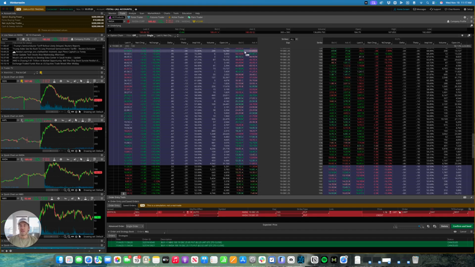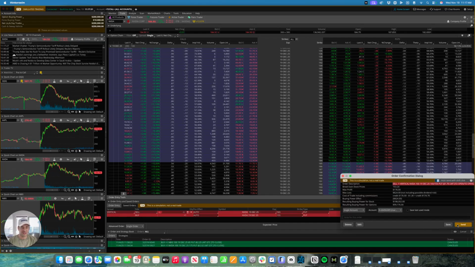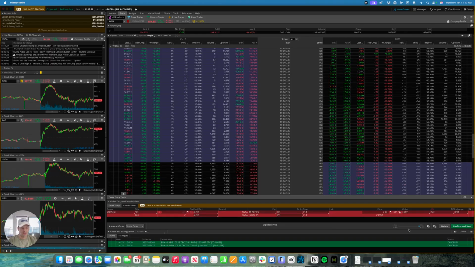So if we like this trade, let's put it through. Basically we hit confirm and send. Let's do this. You can see here, just setting it up, the midpoint between these is like 1.79 and natural is 1.75.